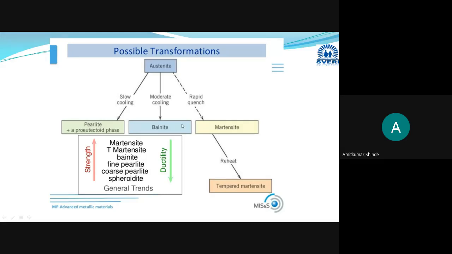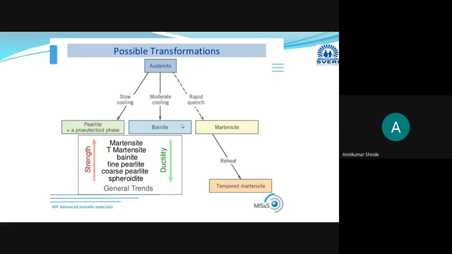Depending on the desired properties, you have to transform the structure, because the properties depend on the structure. You have to change the basic crystal structure, or the phases. And if you are able to change the phase, the properties automatically change.